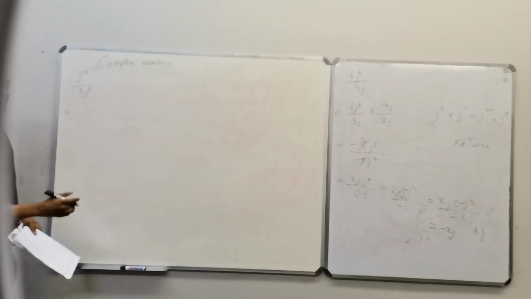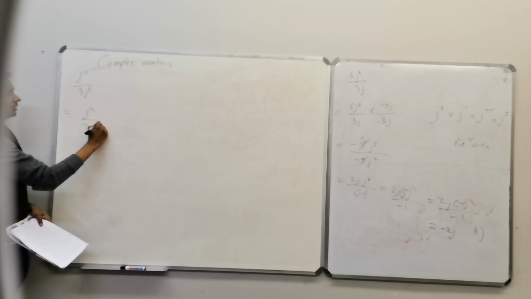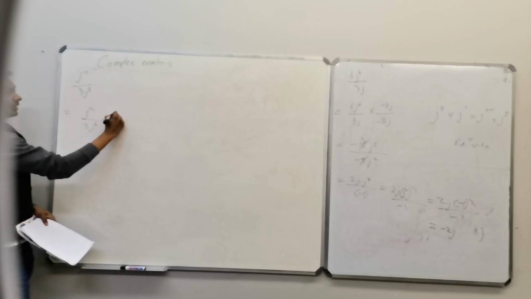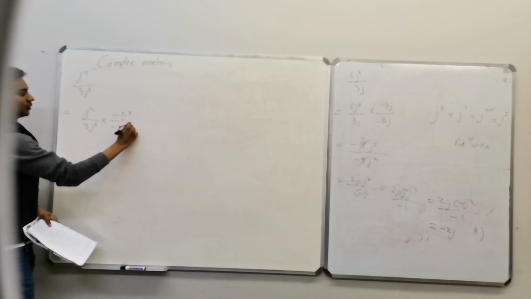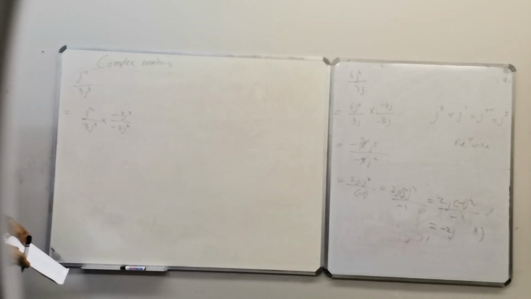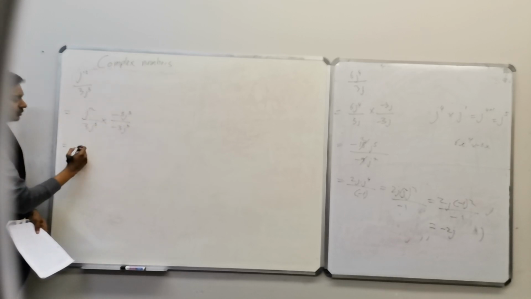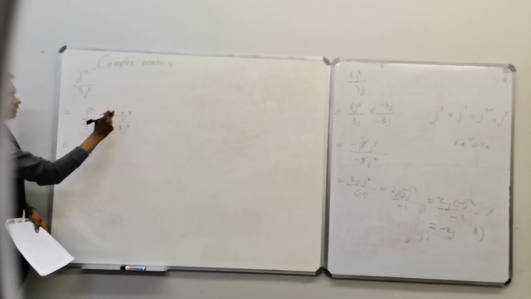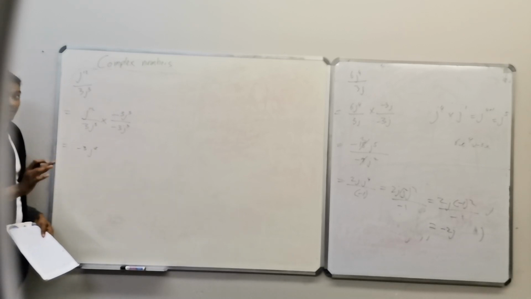j3 over 3j3, minus j12 over 3j3, multiplied by 3j cubed, all over 3j3 cubed. Perfect. We'll do it the normal way. The numerator will be minus 3, minus 12, plus 3 is 15. Happy with that?